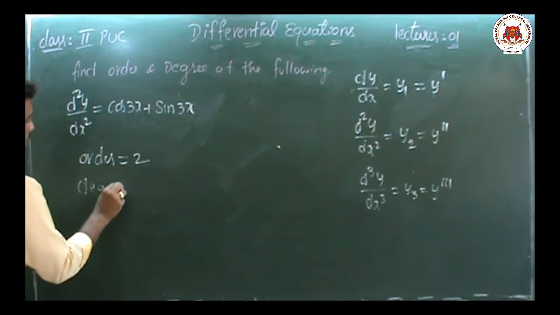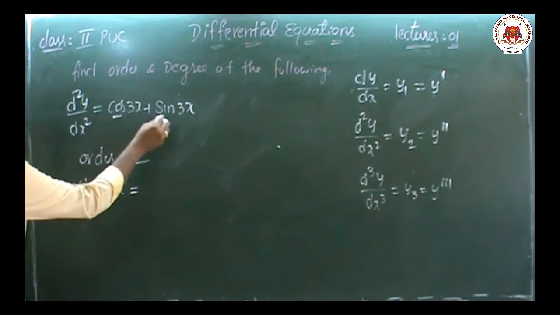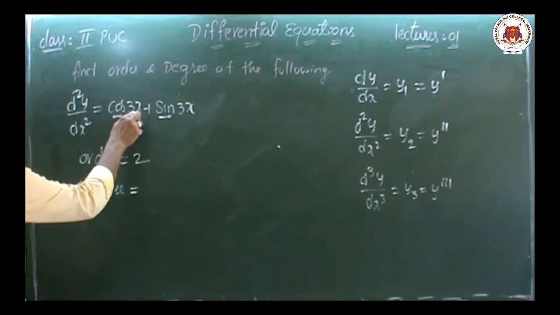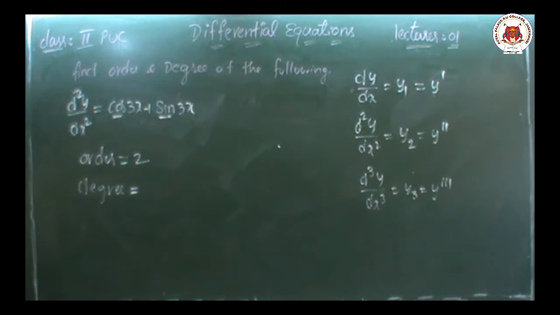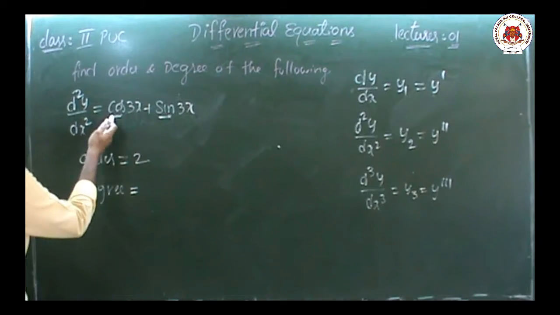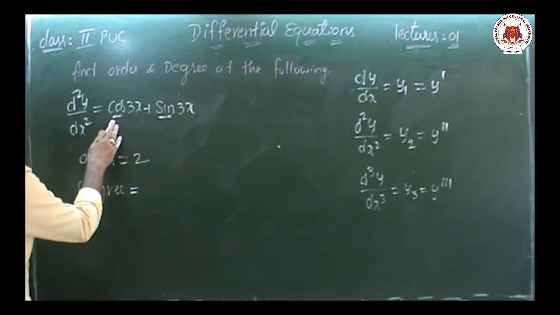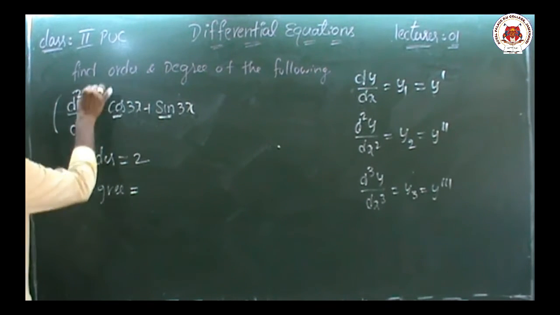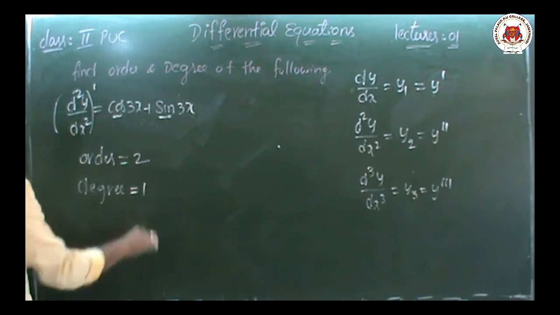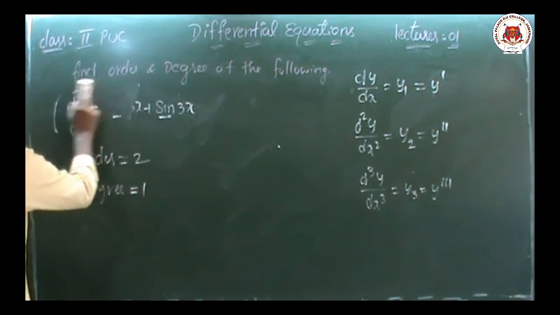First you have to check trigonometric functions, but these are not having dy by dx. So definitely the degree can be defined. The order's power is the degree. So degree equal to 1 and order equal to 2. Now we will go to another question.